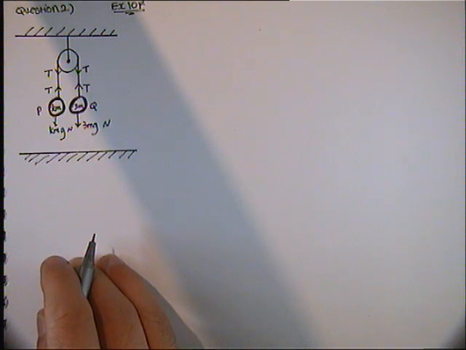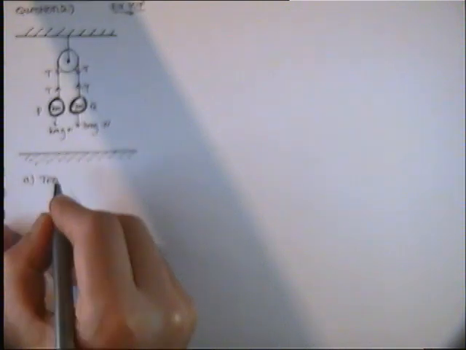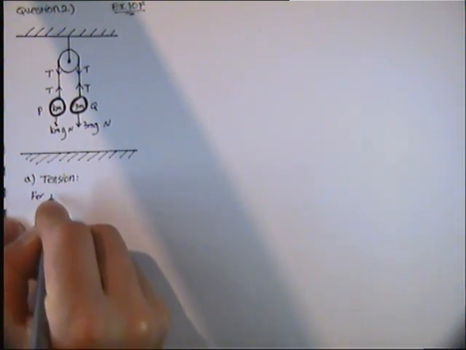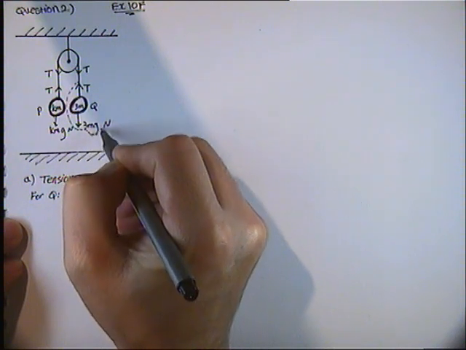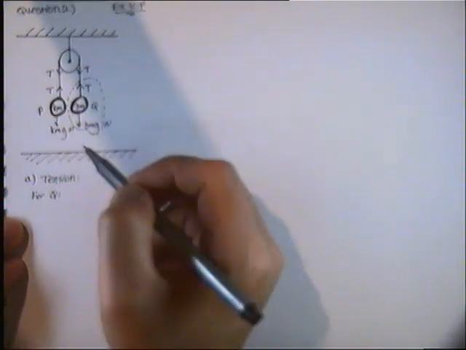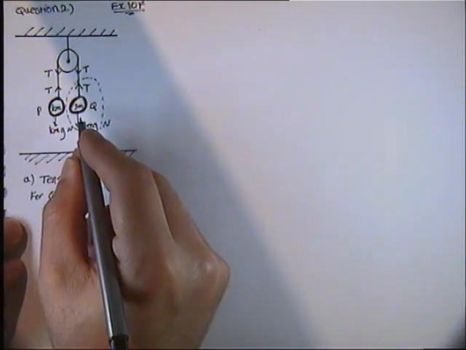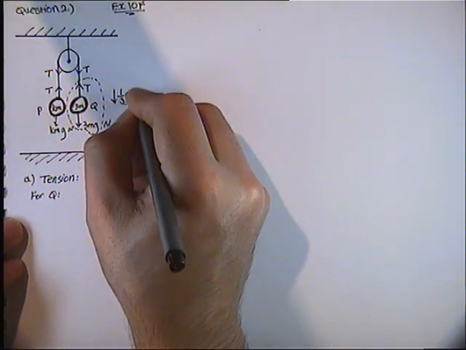To do this, we can write down an equation for either P or Q. So I write down the equation for Q. We're going to apply Newton's law for this one, with all the forces entering or exiting Q. It's moving downward, so the acceleration is downward, which is 1/3 of g meters per second squared.